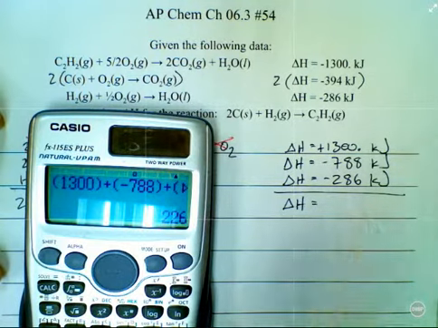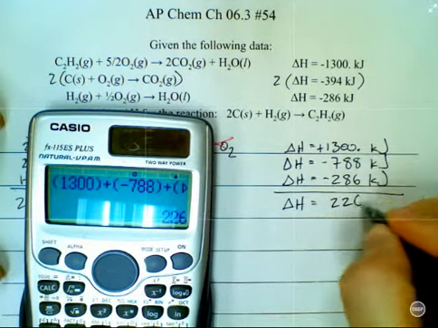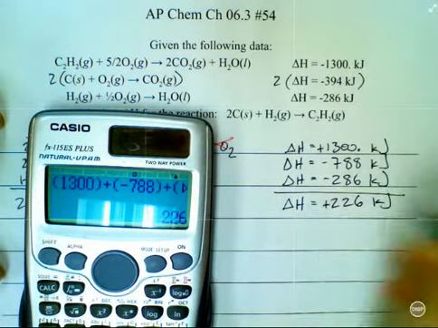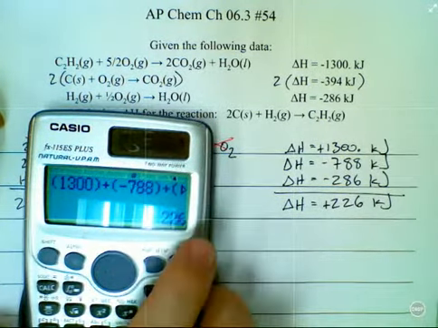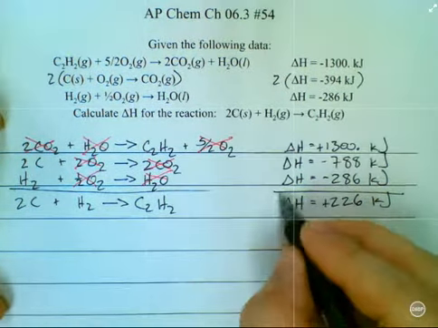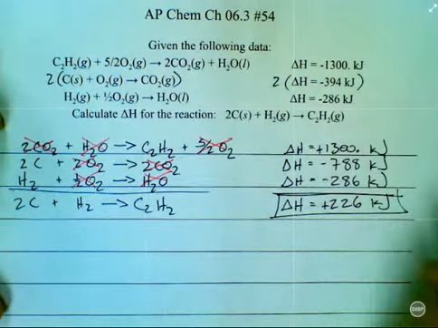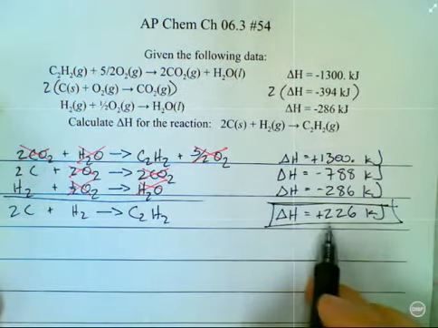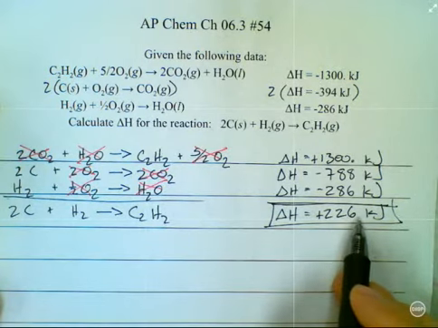And I will end with a 226 kJ value, and that is a positive kJ value, meaning this is going to be an endothermic reaction, but that's not what I'm being asked. I'm being asked for the delta H for this reaction, and the delta H for the reaction is positive 226 kJ.